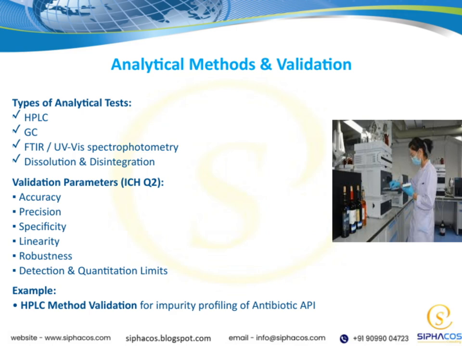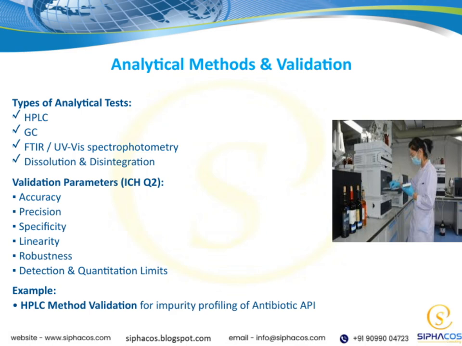Moving on to validation parameters, which are outlined in ICH Q2 guidelines, these are critical to confirm that our methods are reliable and reproducible. Key parameters include accuracy, which tells us how close our measurements are to the true value, and precision, which ensures consistency across repeated tests.